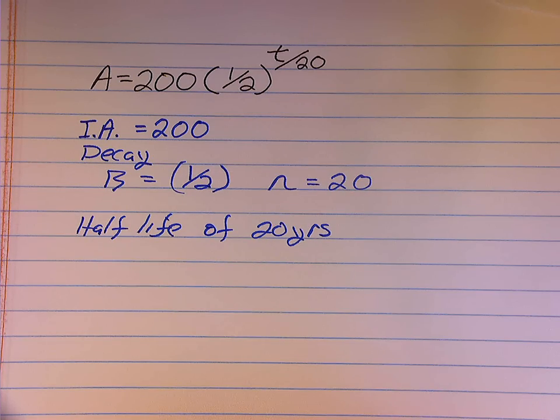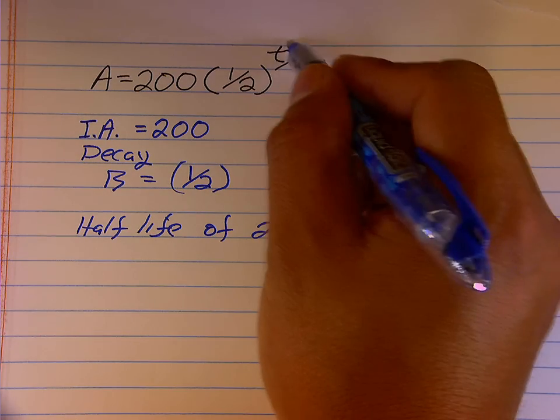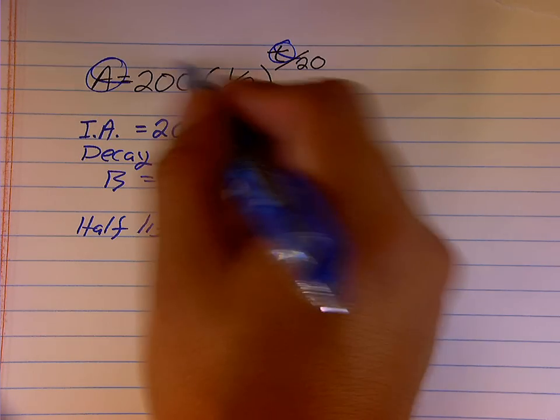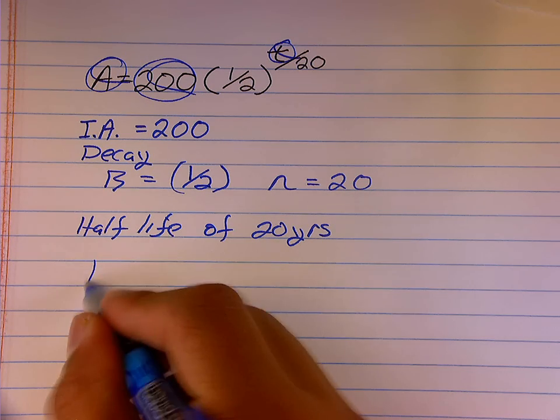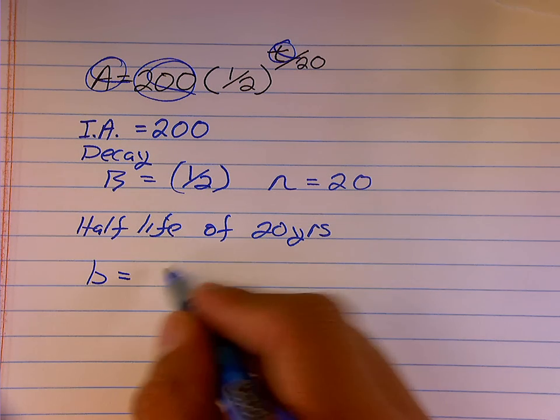Last but not least, I can determine my annual factor and my annual decay rate. So, by taking my function and identifying the input, output, initial value, everything else remaining is the factor.